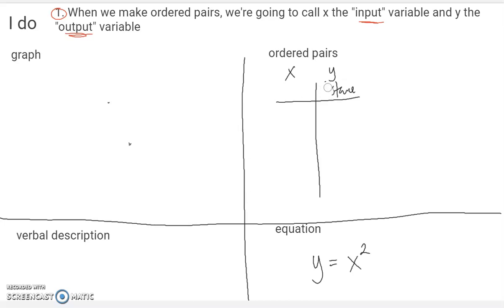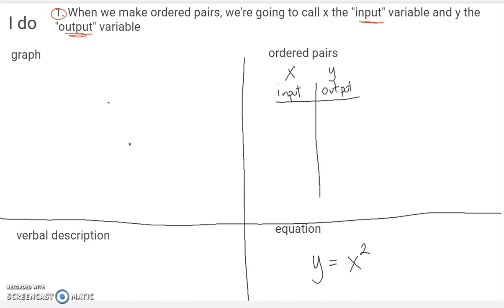We're saying x is something and y is something, and it's not necessarily important what. We're going to often call x the input variable and y the output variable, because in a moment, when I pick some numbers here to make ordered pairs, I'm going to input what I choose x to be and see what I output y to be. That's why they're called that. So x we call the input variable, y the output variable.